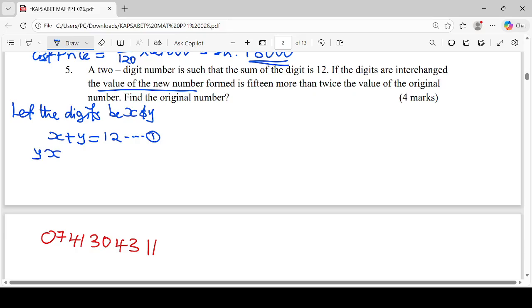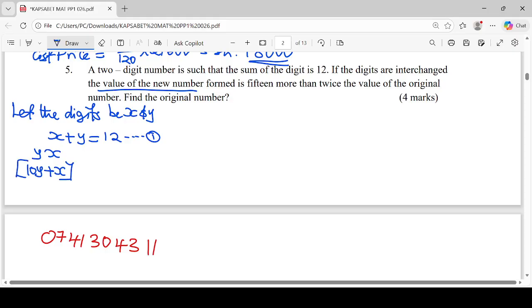The place value of y here is tens, so the total value of y will be 10 times y, which is 10y. Therefore, the value of yx will be 10y plus x. So this is the value of the new number formed.